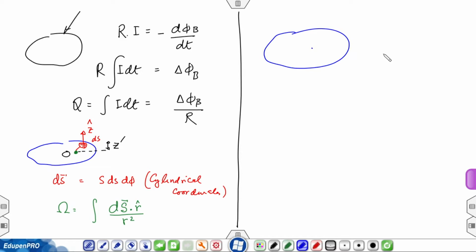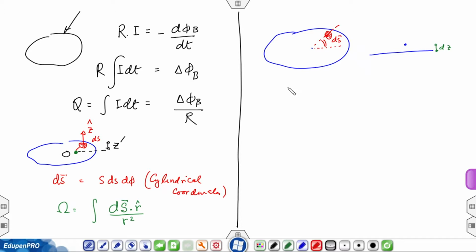Here is the origin. Let me make a side view right here. This height is z prime, and somewhere at an angle phi is this ds pointing in the z direction.